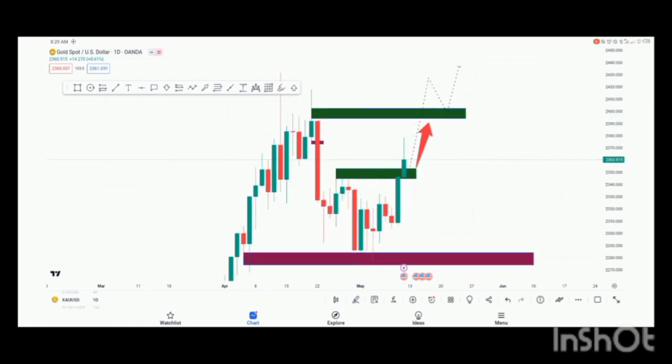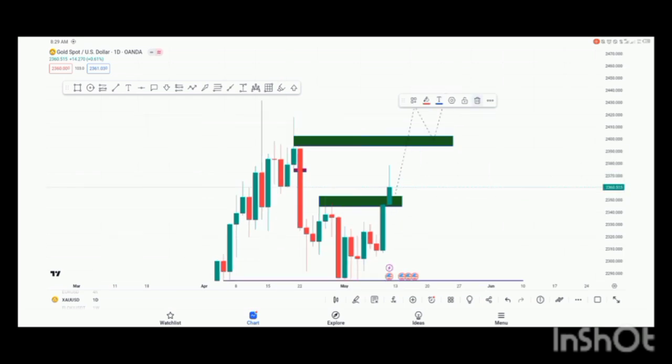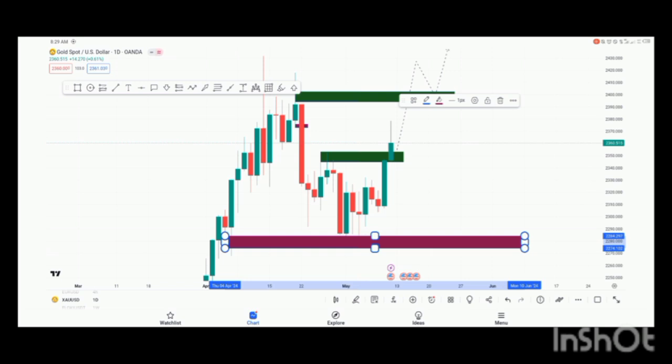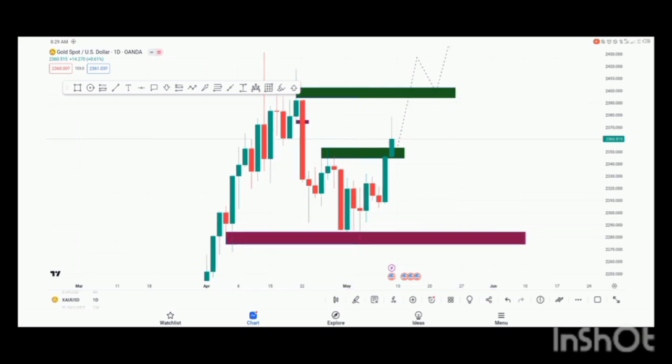So for XAUUSD, we'll be expecting movement to the upside or even a breakout of this resistance zone to the upside. But on the flip side, if price decides to continue downward, we'll be expecting price to drop to this support zone right here before continuing upward.